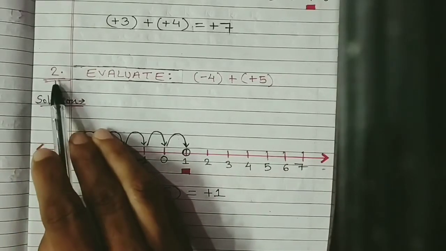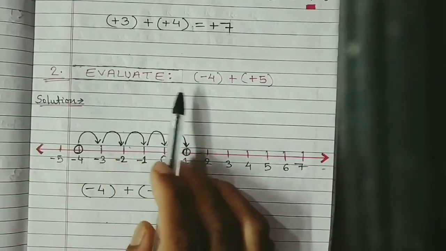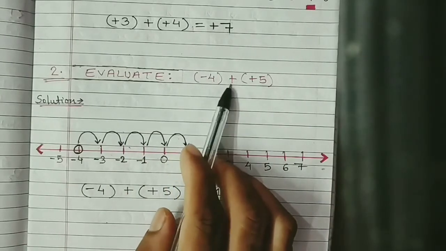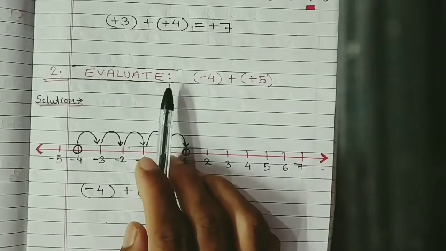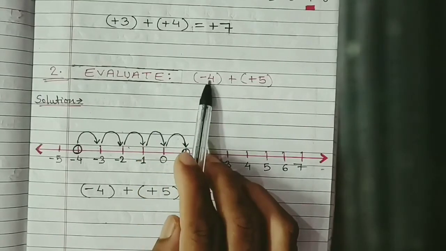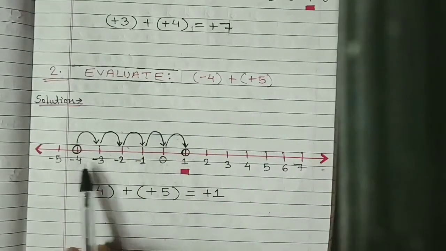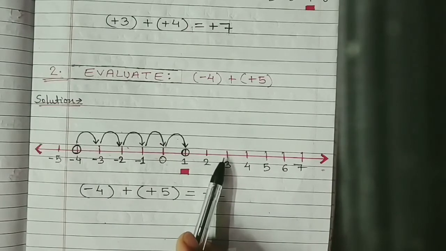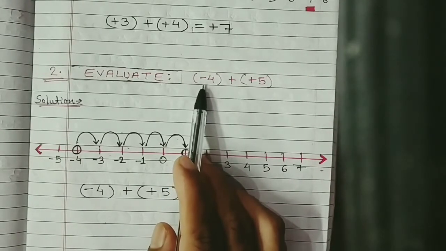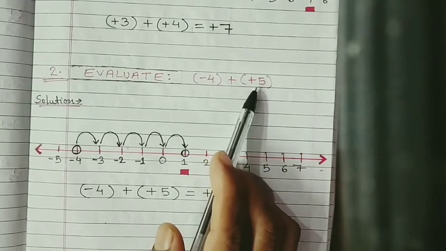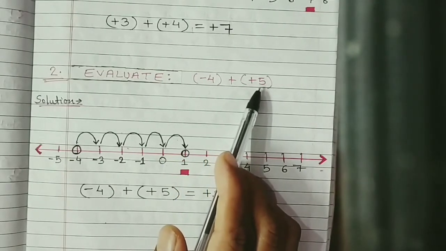Now the next question is evaluate minus 4 plus 5. So in this question again we have to add these two integers using a number line. Here one integer is minus 4 and the other integer is plus 5.